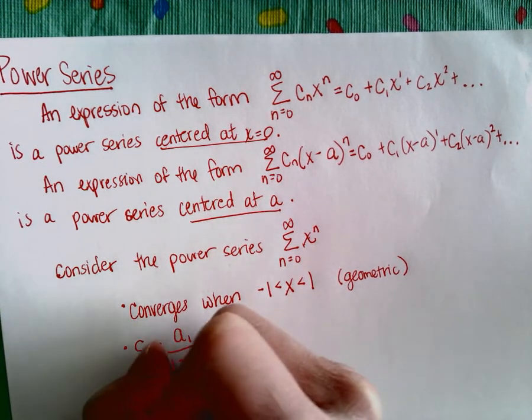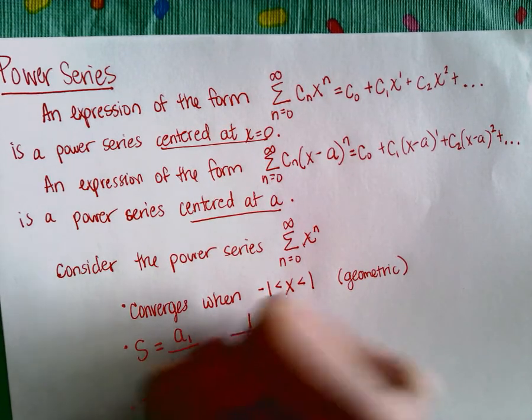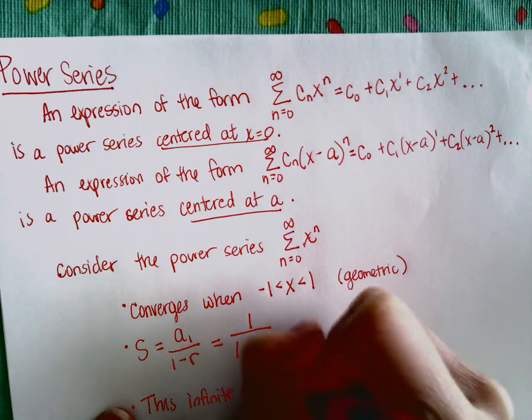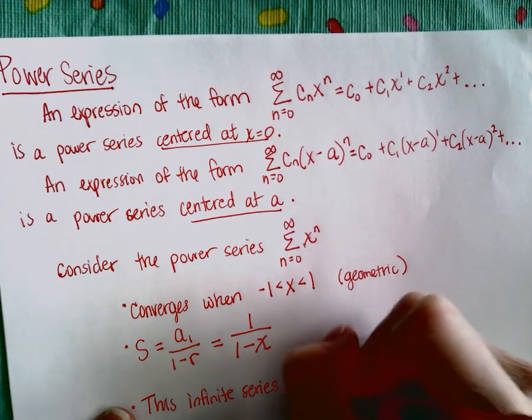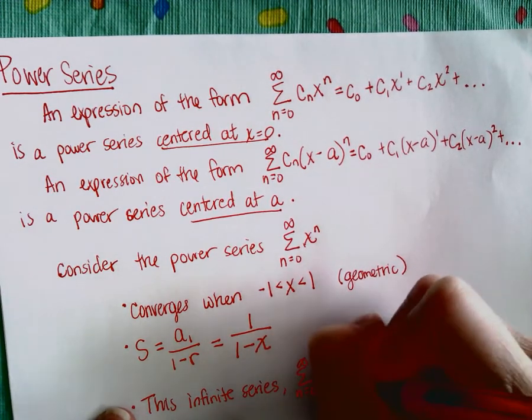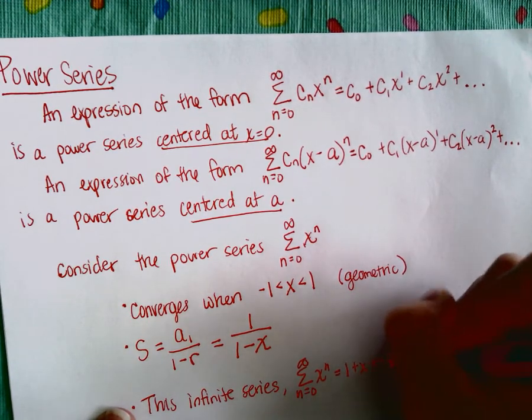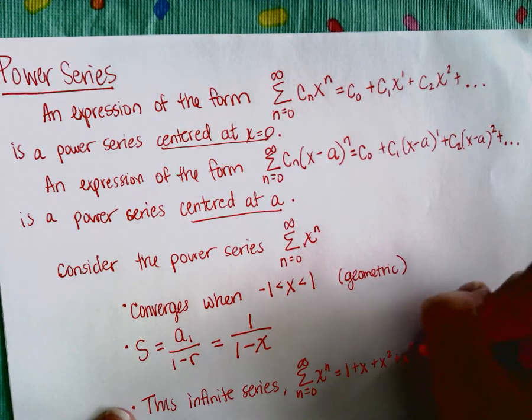So this infinite series, which is the sum from n equals 0 to infinity of x to the n, which remember would just be 1 plus x plus x squared plus x cubed, dot, dot, dot.